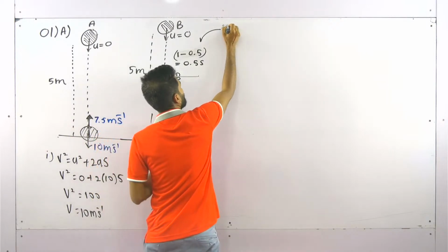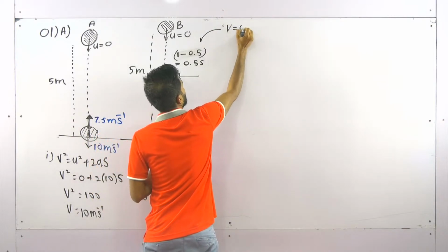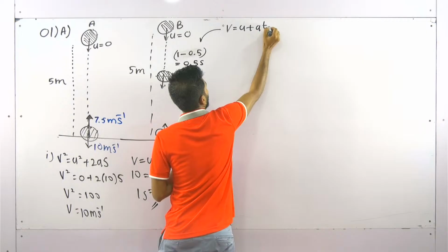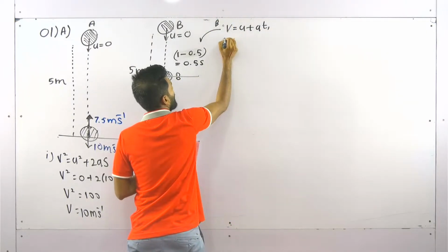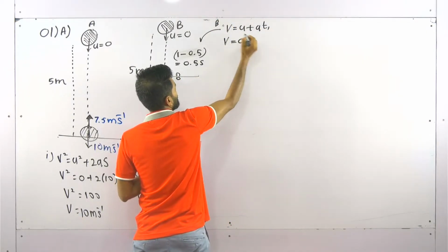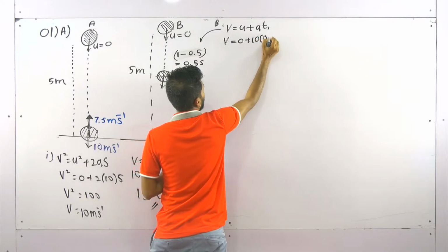Okay, so I'm going to find the details here. Applying V equals U plus AT for B, we will have an initial velocity 0, acceleration of gravity 10, into 0.5.